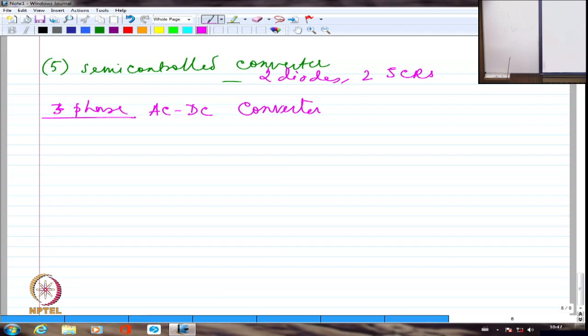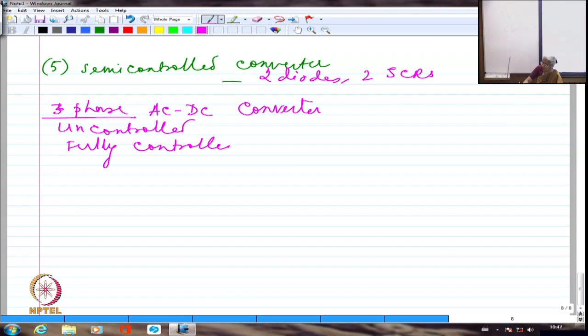All 6 devices will be SCRs, fully controlled. Then semi-controlled, which means 3 diodes and 3 SCRs. So we look at all 3 configurations, that is uncontrolled, fully controlled and semi-controlled with all different loads.